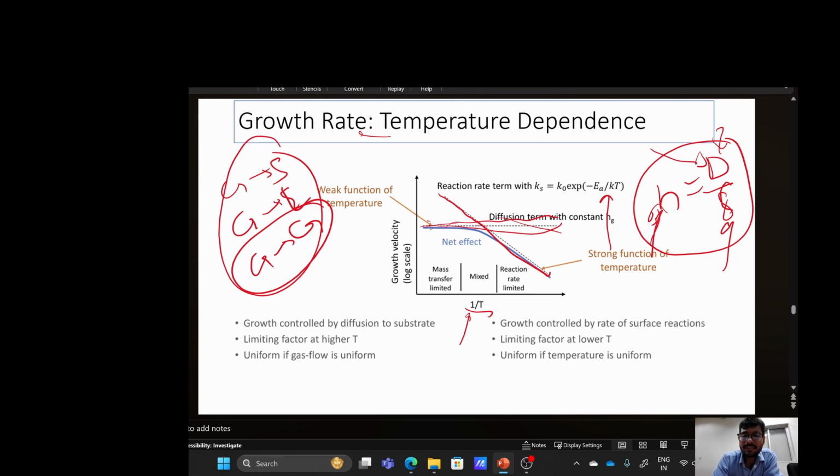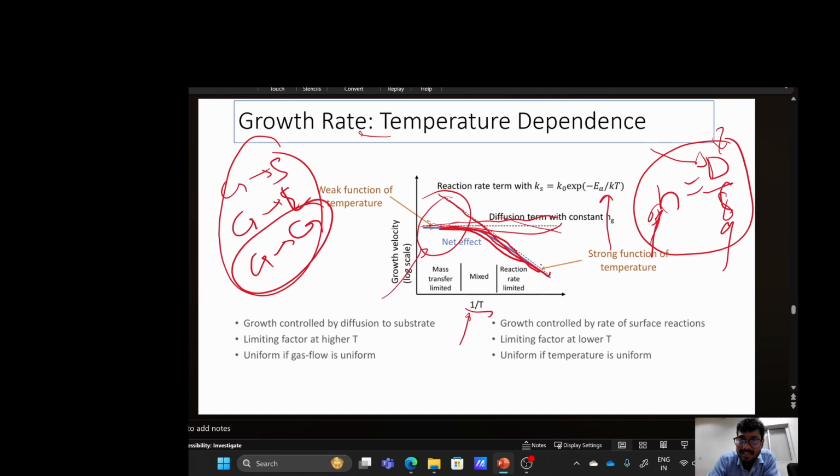So the net effect will be this blue line. In this higher temperature regime, it is mass transfer limited.